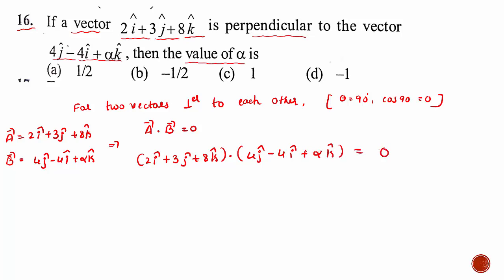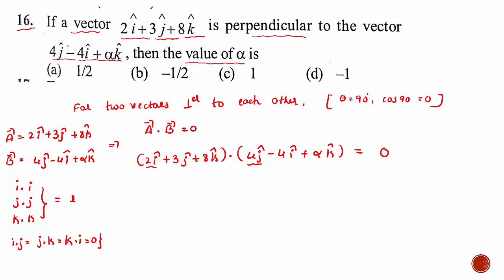Now multiplying these values, we are using dot product. We know that i dot i, j dot j, k dot k are equal to 1. i dot j, j dot k, k dot i are equal to 0. Now we can multiply one by one here.